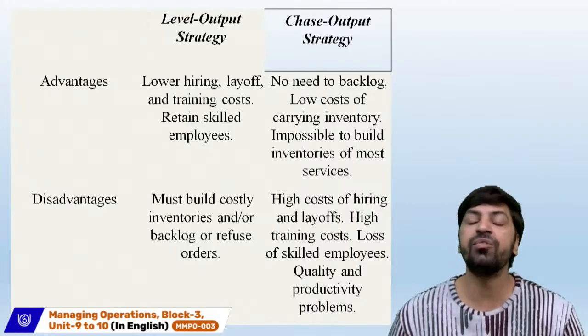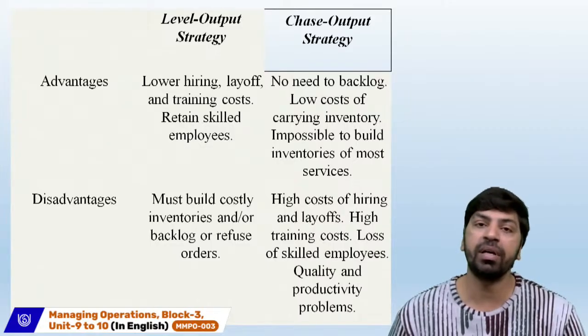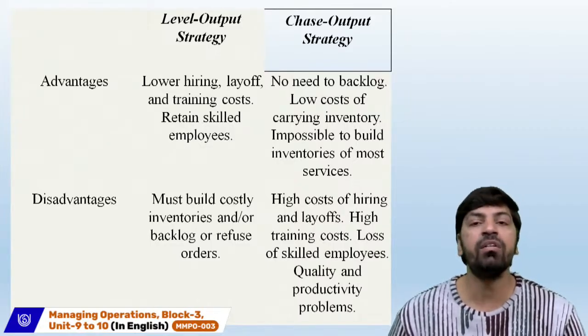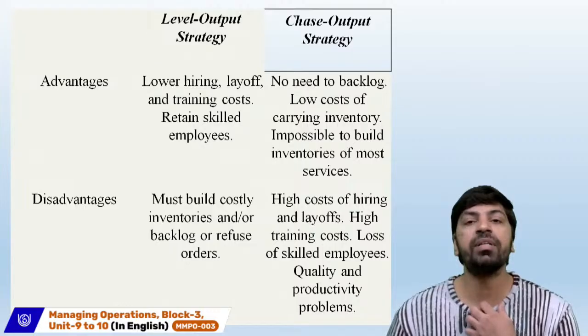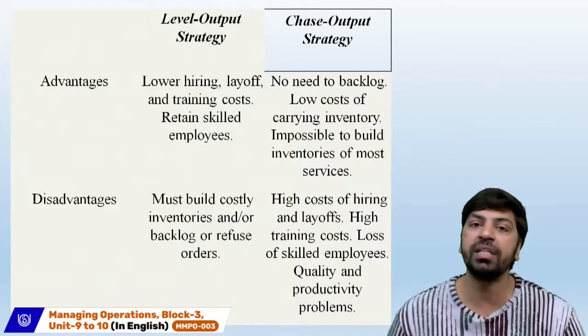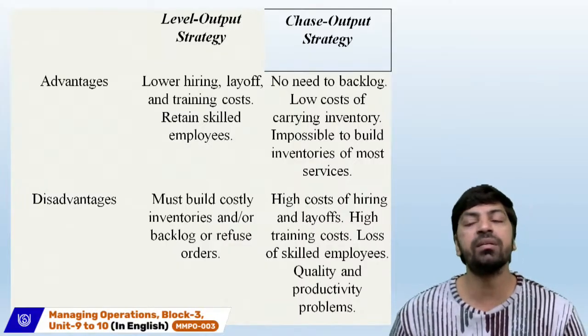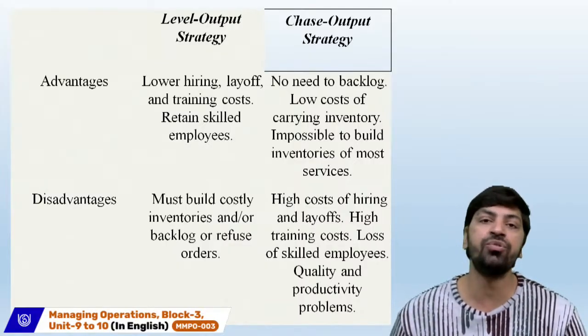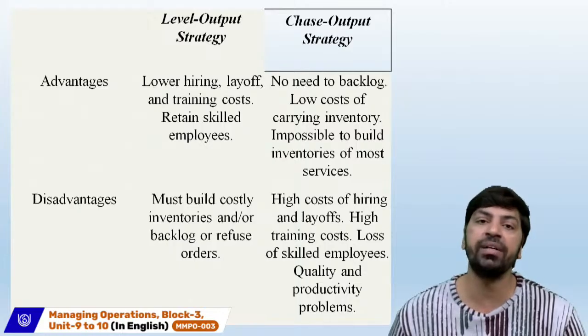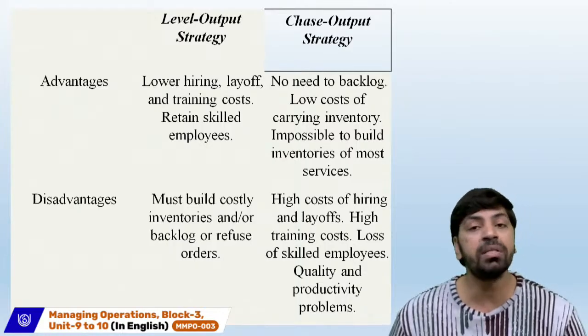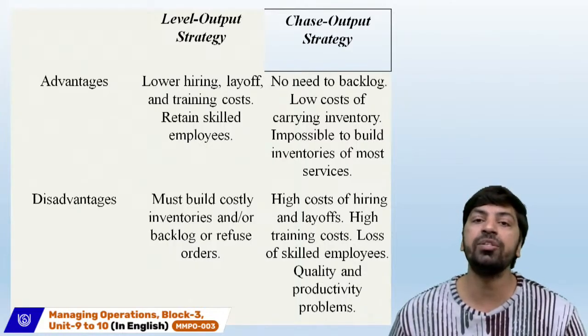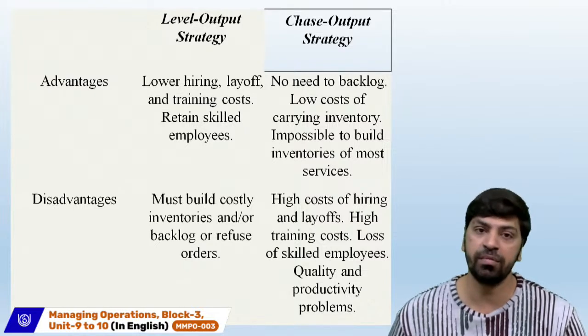It always retains skilled employees in the organization. One of the advantages of the chase output strategy is that there is no need to look at the backlogs, and that is the main reason it leads to a low cost of carrying inventory. It could be impossible to build up stock for most services.